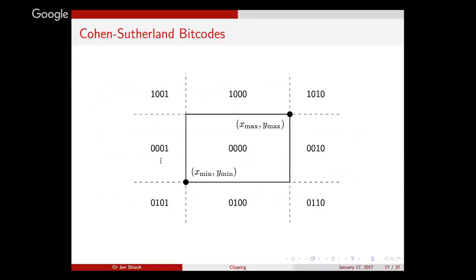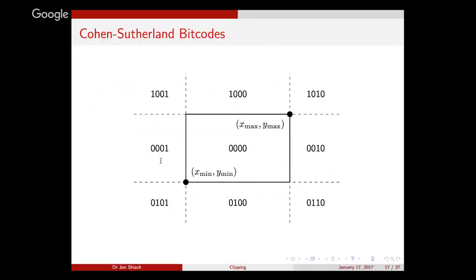But anyway, the Cohen-Sutherland method is very useful for windowed systems. If you think about a window, we have 9 regions, or 9 possible areas where a point can be relative to that window. If we have this dark area as our window, if our point is within the window, we give it a binary number 0, 0, 0, 0.